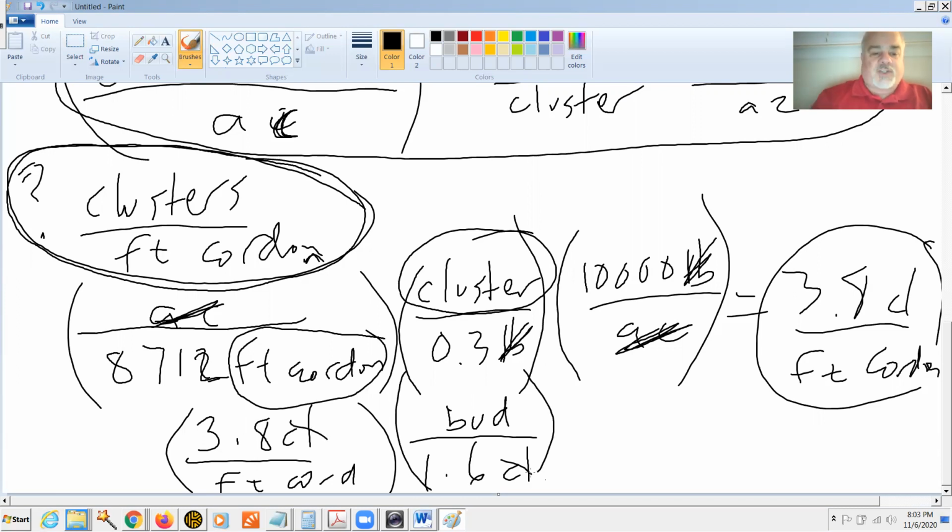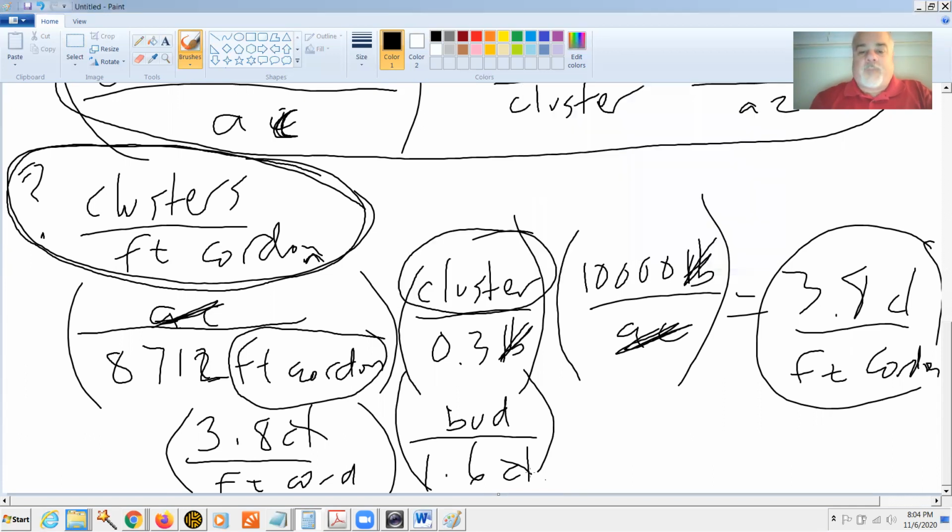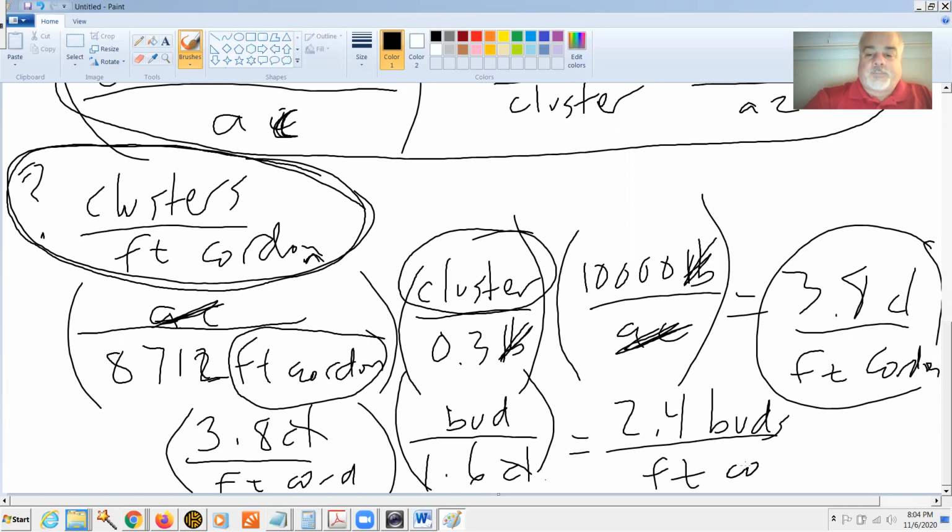Clusters is going to cancel. What's my 3.8 divided by 1.6? 3.8 divided by 1.6 means that I need to leave 2.375, or we'll just call it 2.4. I need about 2.4 buds per foot of cordon. So now this is something I can tell my crew.